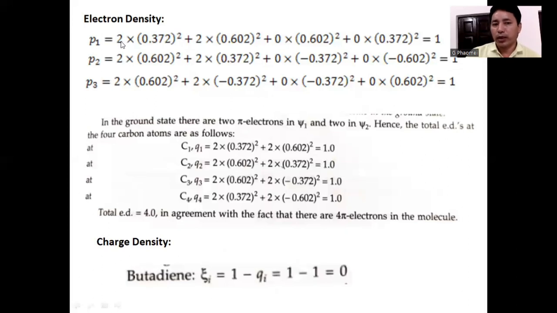That means 2 from the first wave function, and another 2 from the second wave function, and from the third one it is 0. There is no electron, so it will be 0, and no need to write, but to make you understand more, I have written this one. And from the fourth it is also 0, therefore the electron density is 1 for carbon 1, and for carbon 2 it is also 1, and carbon 3 it is also 1. And now if you say the charge density, we know that it will be 1 minus qr, therefore we get 0. So it is also given here.